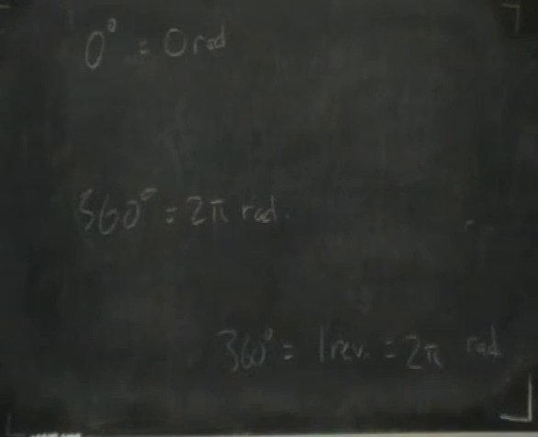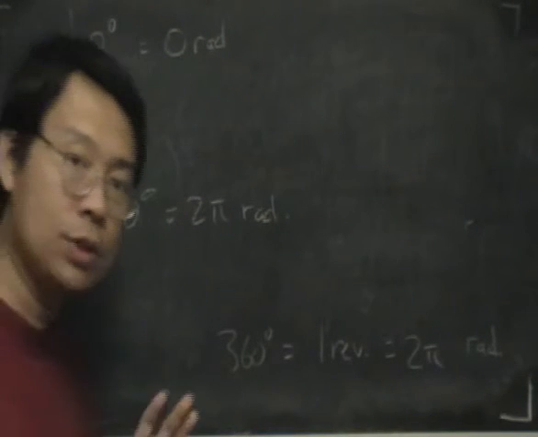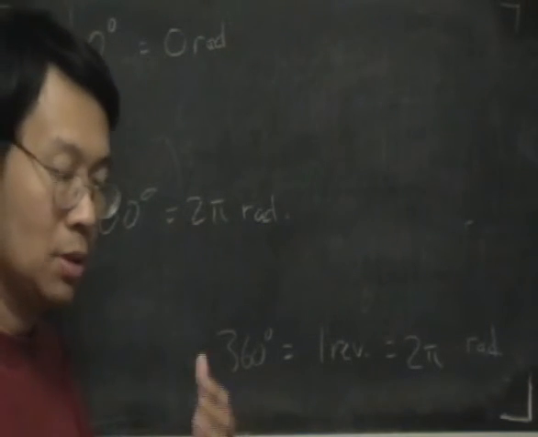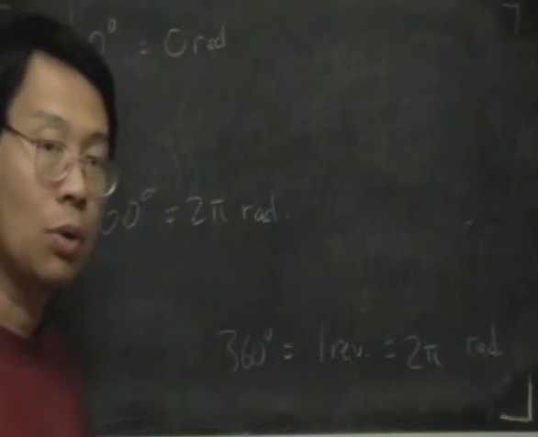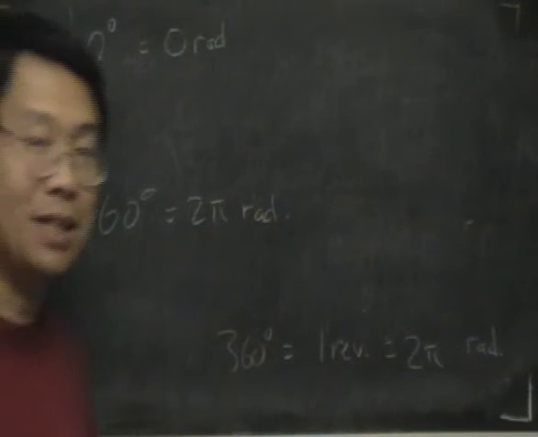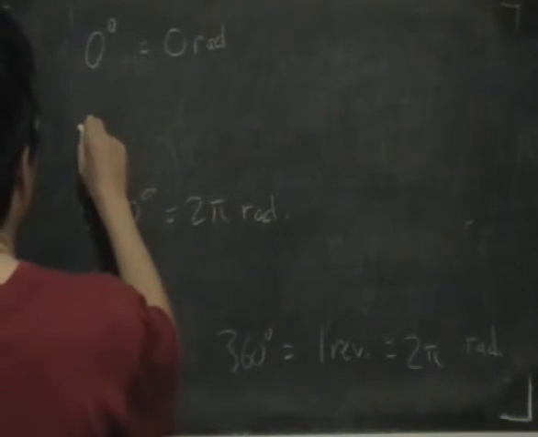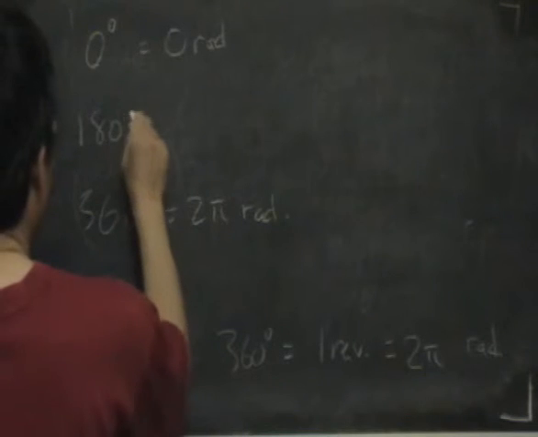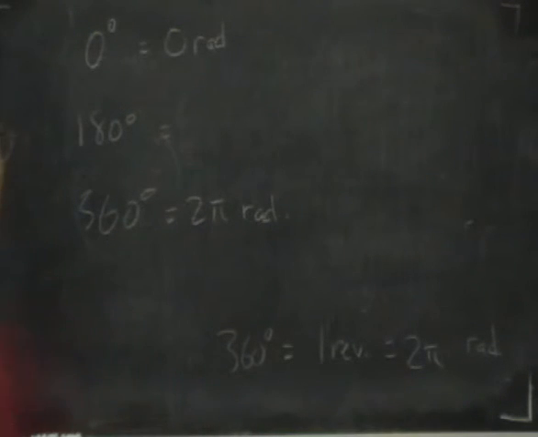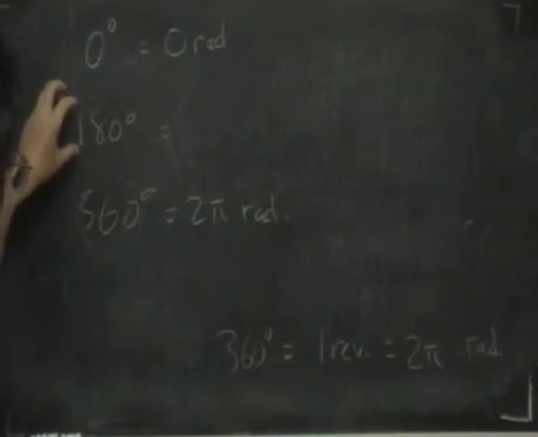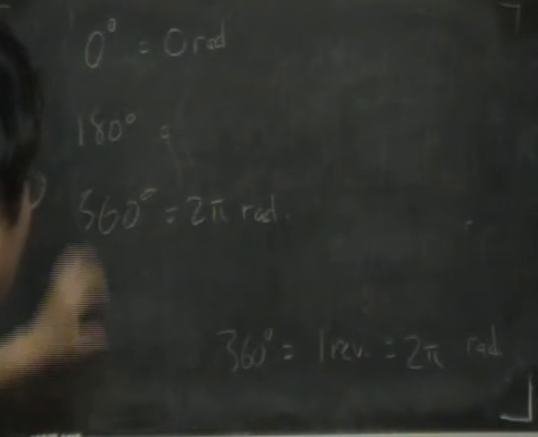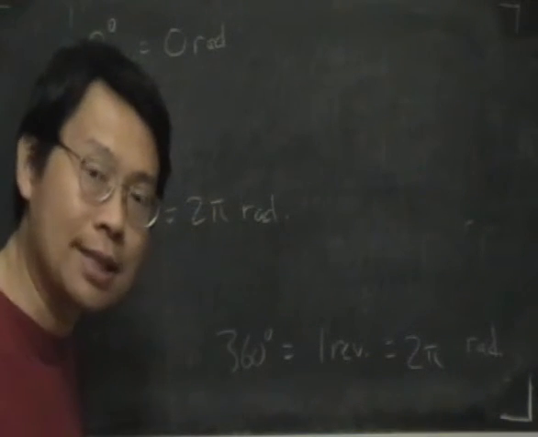Alright, so we'll first look at some simple angles, if we can call them simple. One example might be 180 degrees. So we know that 180 is half of 360.